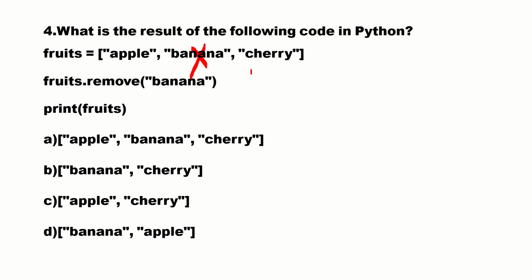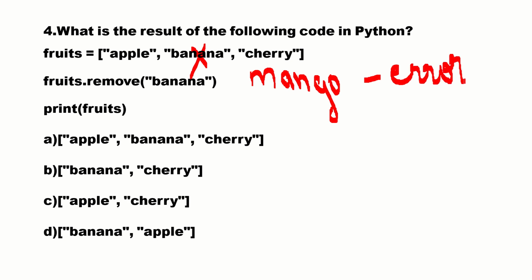If you give mango or something else which is not in the list, it will return an error. And here banana will be removed and only two elements will remain in the list, apple and cherry. So the correct option is option C.